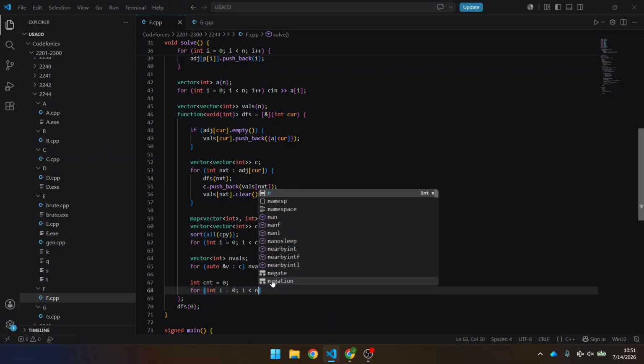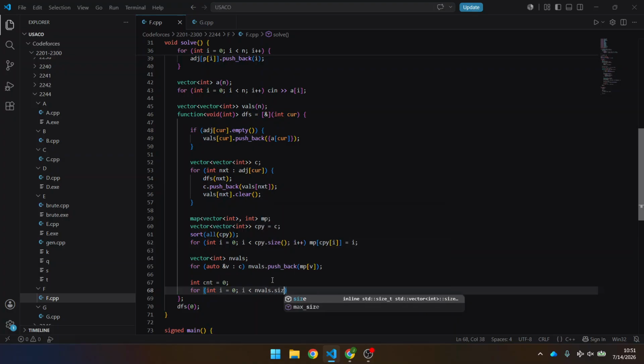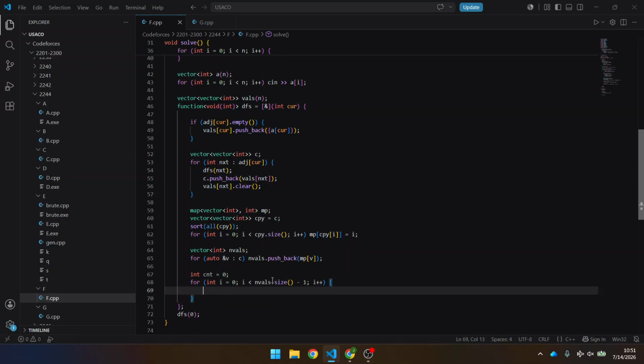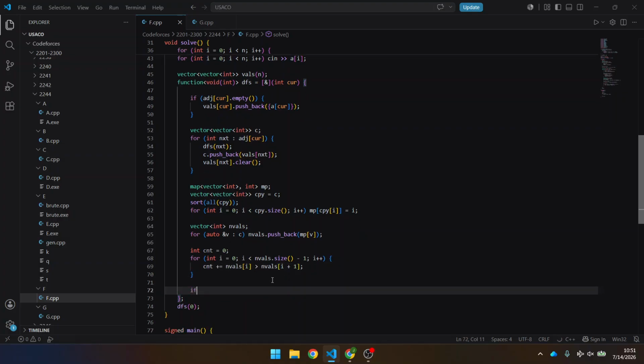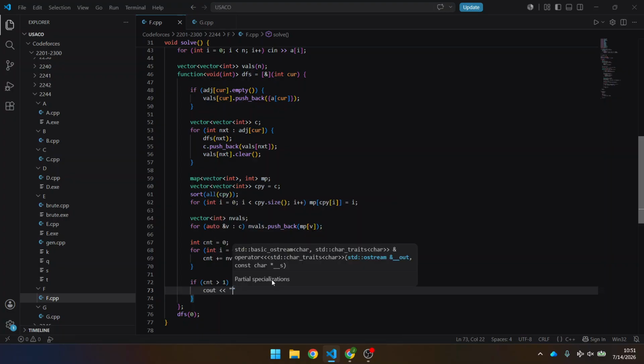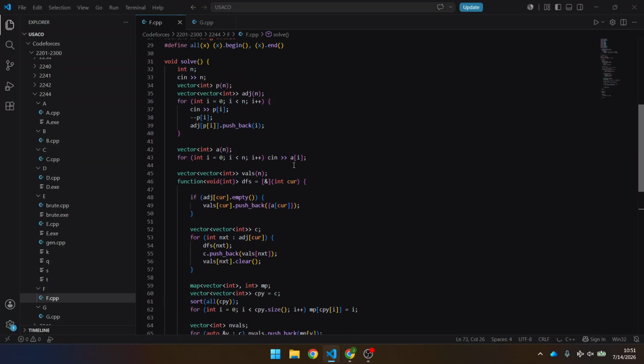Current I is 0, I smaller than new vals size minus 1, I plus. CNT plus equal to new vals I greater than new vals I plus 1. If CNT is greater than 1, output no.